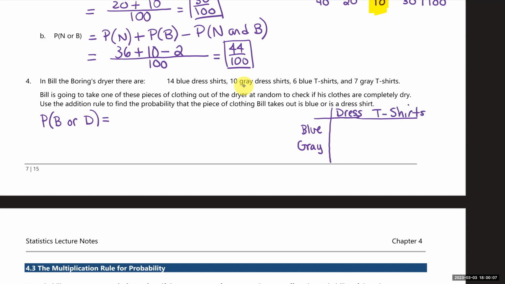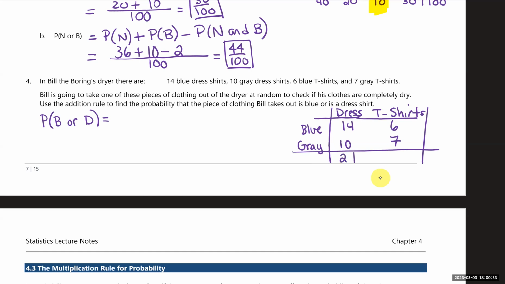And then I'll just fill in the table. So 14 blue dress shirts, 10 gray dress shirts, 6 blue t-shirts, and 7 gray t-shirts. And then I can do some totals here to see what's going on in his dryer.